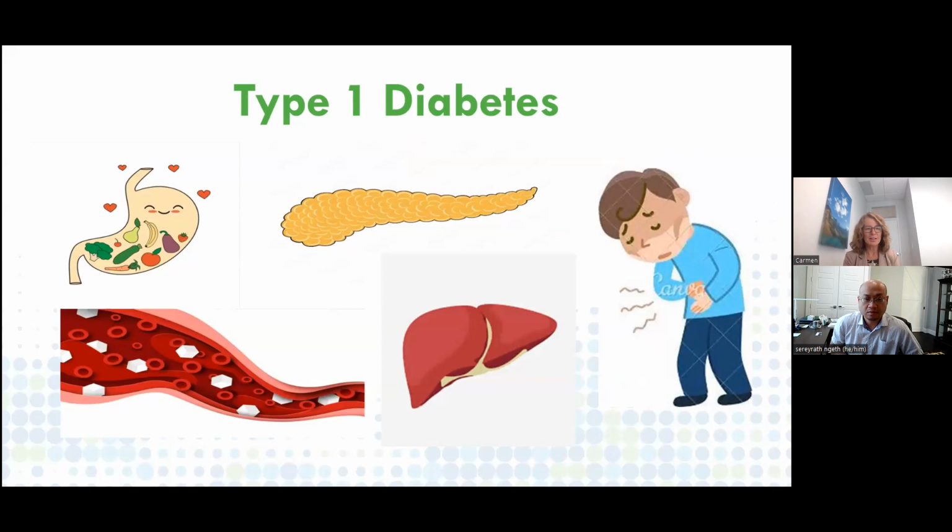The adult who presents with LADA is usually over 25 years old, but we have seen in the literature that type 1 diabetes can present up into the 8th decade of life. LADA can very commonly be misdiagnosed as type 2 diabetes. Next slide.